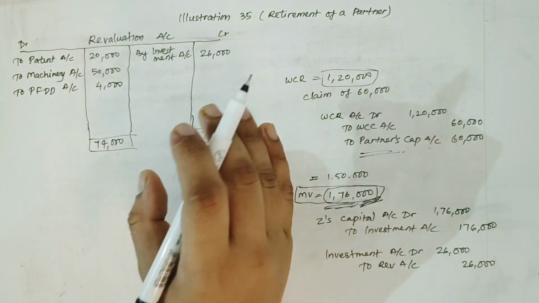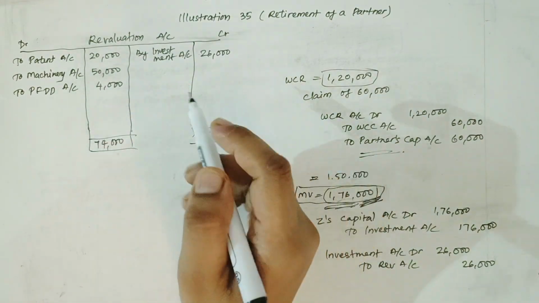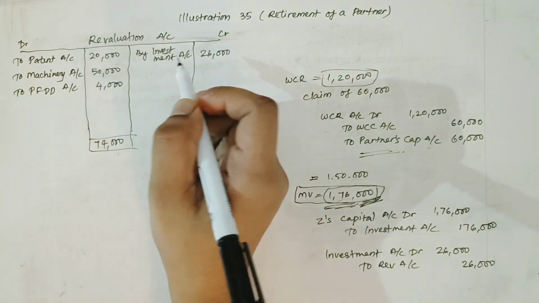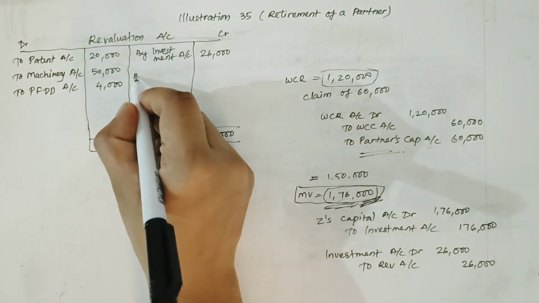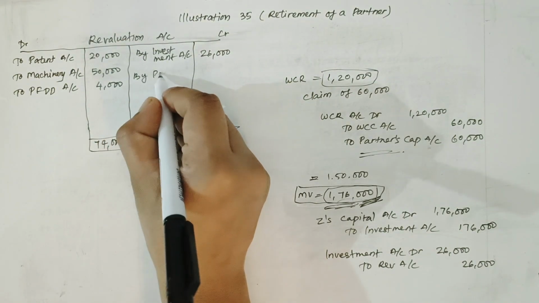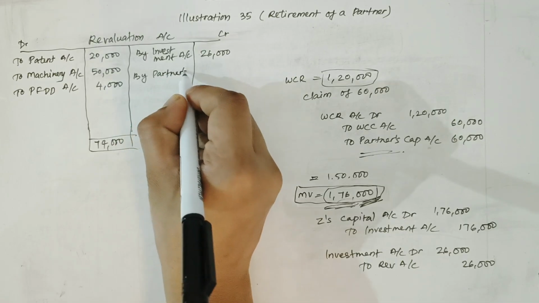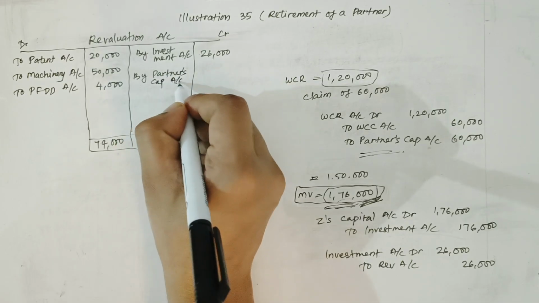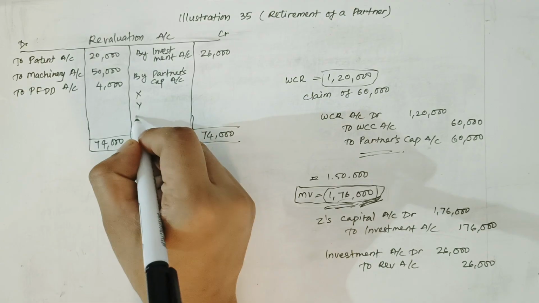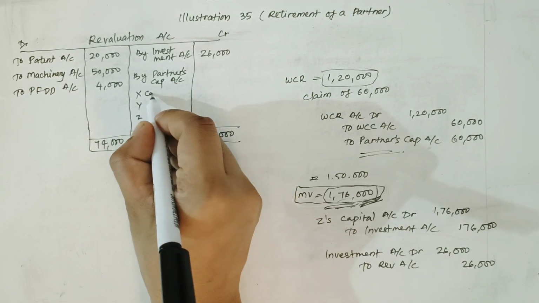If the balancing figure comes on the credit side, it means it's a loss. So the loss will be transferred to partner's capital account by partner's capital account, X, Y, and Z capital account.